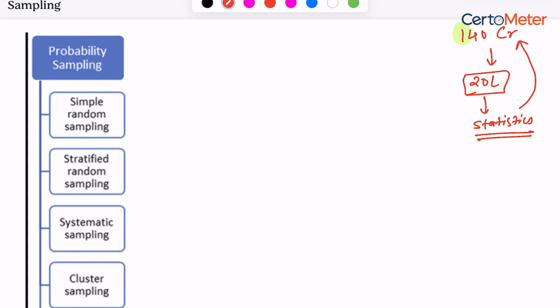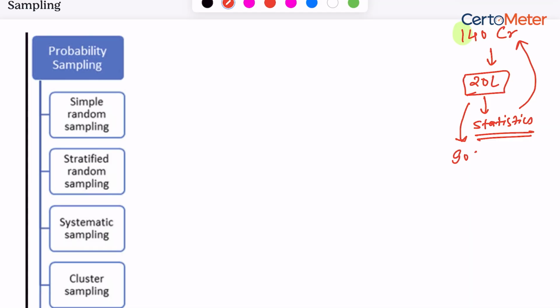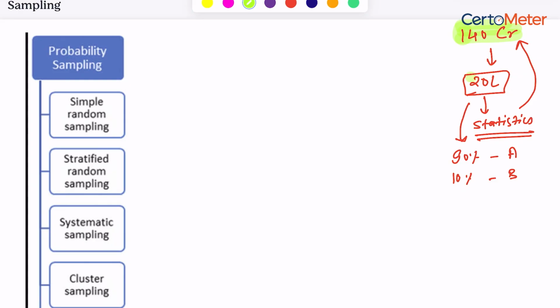That means if in this particular 20 lakh sample, 90% people say that we are going for party A and 10% say that we are going to vote for party B, that means in 140 crore also, in this entire population also, 90% people are going to vote for party A and 10% people are going to vote for party B. That is why we have to select this 20 lakh sample very carefully.